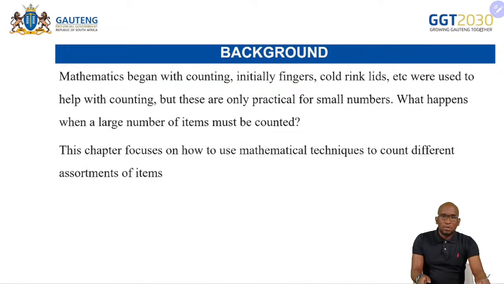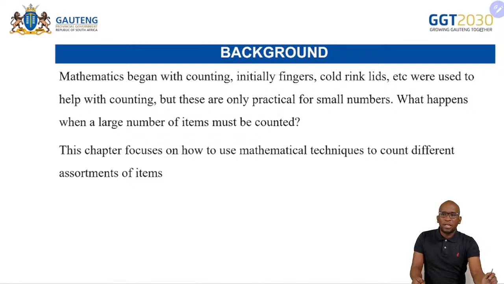Right, let's begin with our background. We all know that from elementary stages, mathematics began with counting. Usually we used our fingers to count 1, 2, 3, 4, and so on. We also used some cold drink lids to perform some operations.